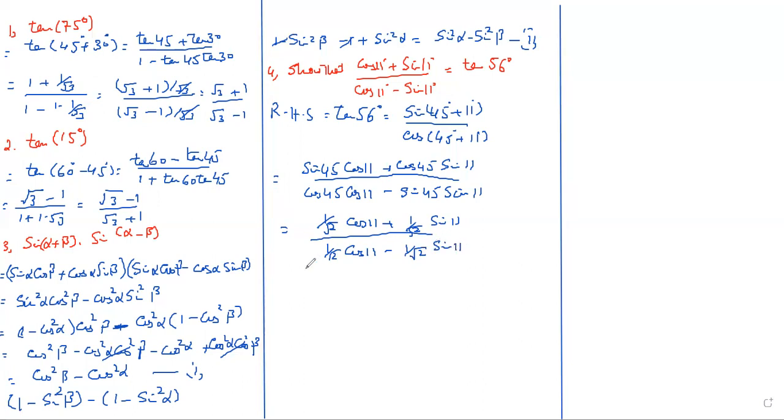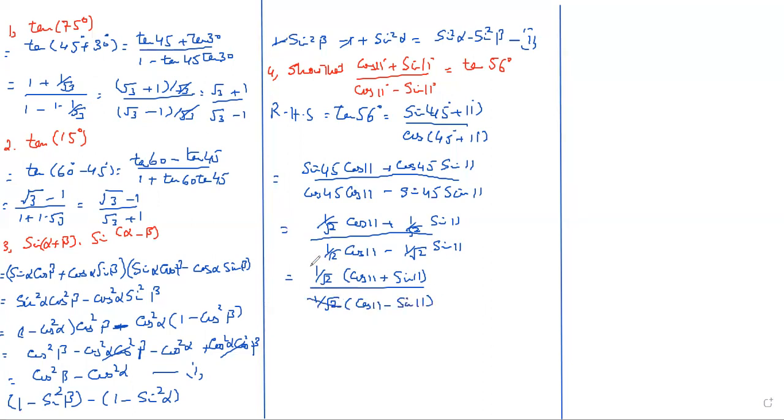Just taking 1 over 2 root 2 common, we have cosine 11 plus sine 11 divided by 1 over 2 root 2 cosine 11 minus sine 11.